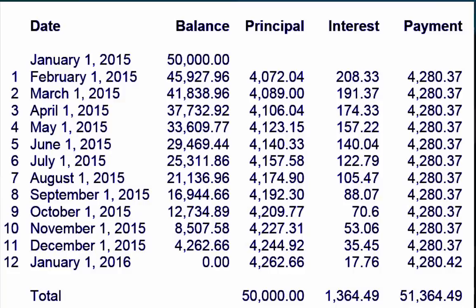On February 1st, 2015, the borrower is supposed to pay $4,280.37, out of which the interest is $208.33 and the principal is $4,072.04.